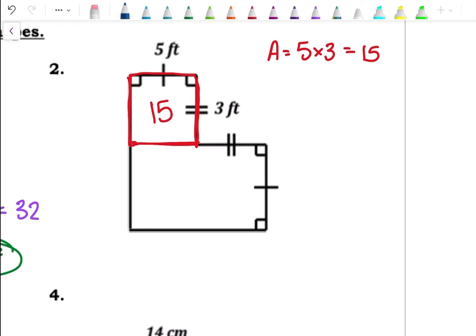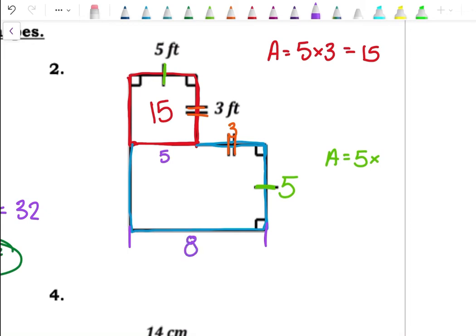For the bottom shape, first off, I have to acknowledge these lines that I've got here saying that parts are congruent. The parts with 2 lines are both going to be 3. And the parts with 1 line are both going to be 5. So for this blue rectangle at the bottom, I know that the height is 5, and I know that the base, this length, is going to be 3 plus 5, because this part's 5 and this part's 3.